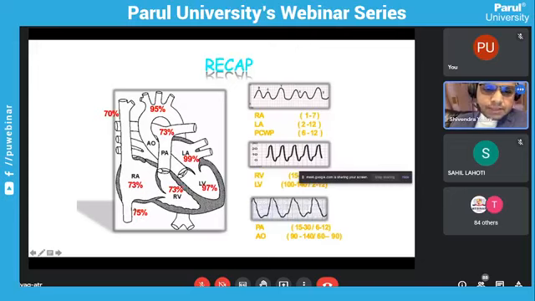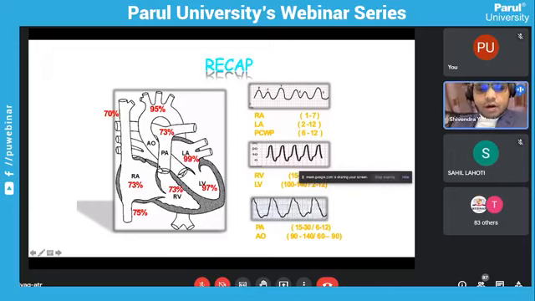Okay, but when both meet, this is 75, this is 70, when both meet at the right atrium, we get an average of SVC and IVC in the right atrium. Okay, so because the blood from the right atrium will go to the right ventricle, there will be no change here. So the oxygen saturation from the right atrium to the right ventricle is expected to be the same.